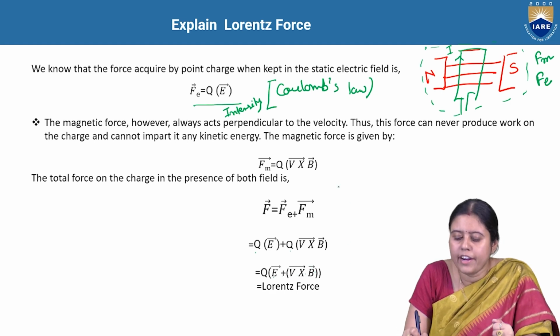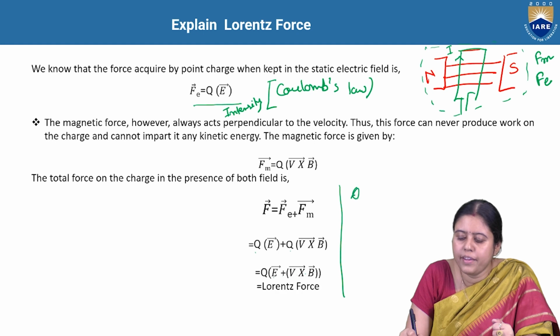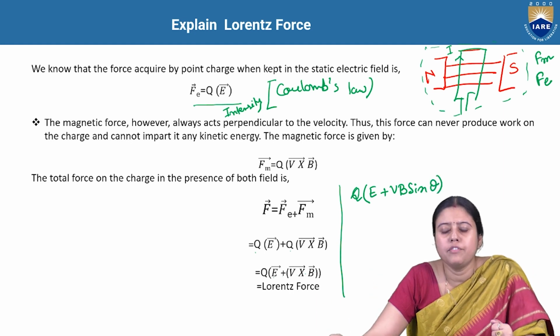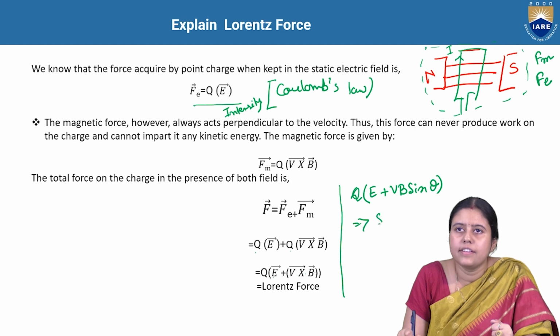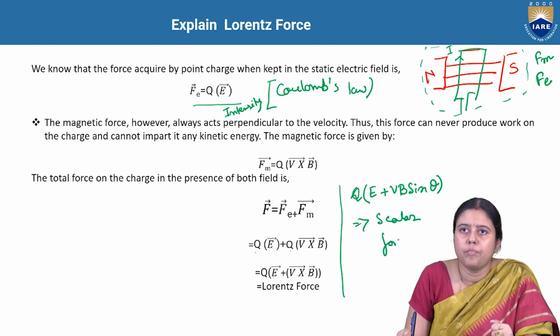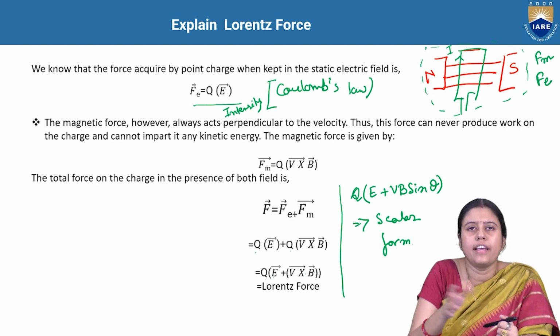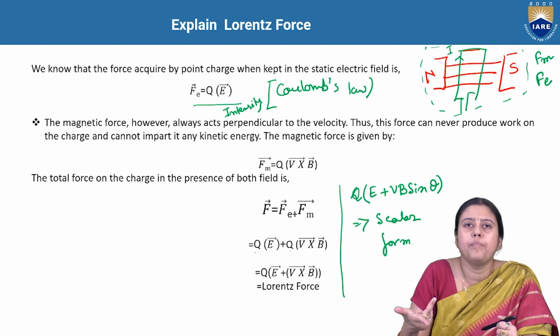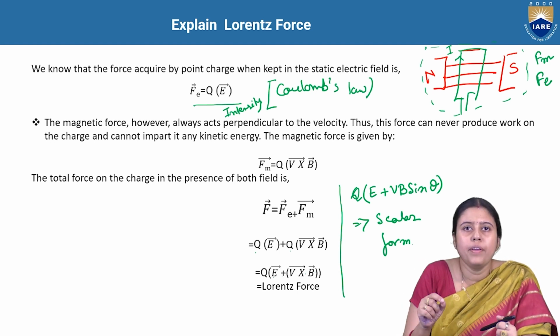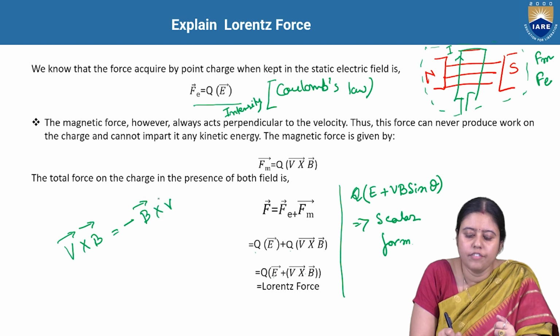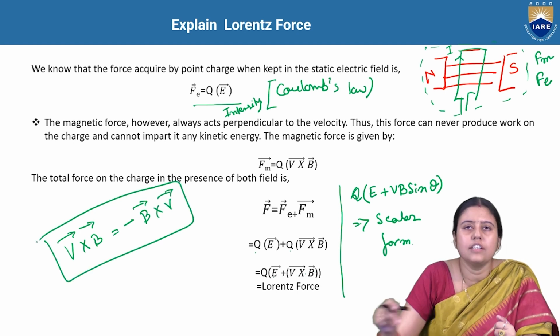In scalar form, it will be Q(E plus VB sin theta). And always remember that when taking the right hand screw rule, we take V cross B, not B cross V, since V cross B is minus of B cross V. So both are not equal.